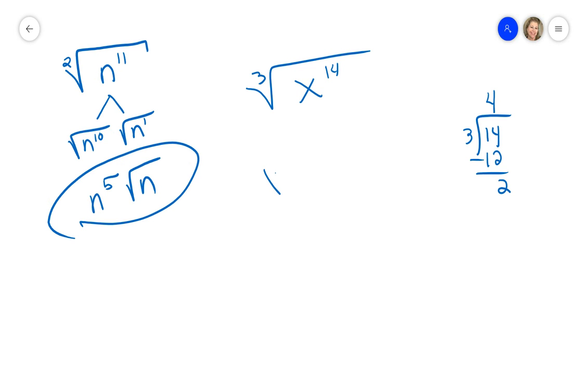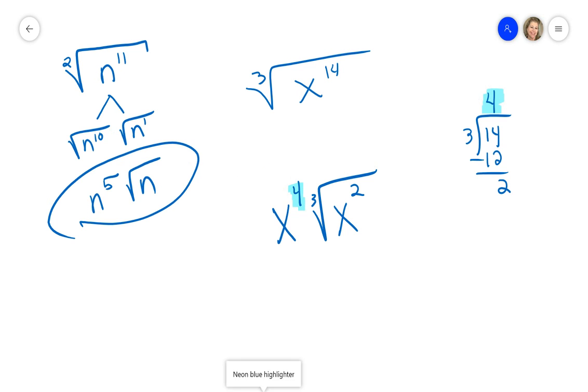So this is going to become, I'm going to write it down lower, an x to the 4th times the cubed root of an x squared. This 4 right here is this one, and this 2 right here is that one.